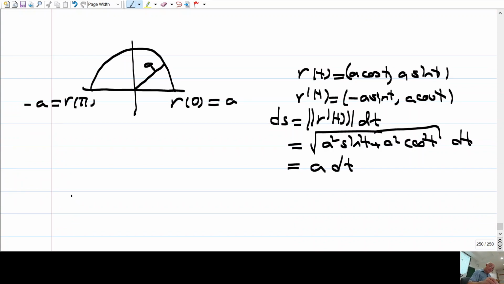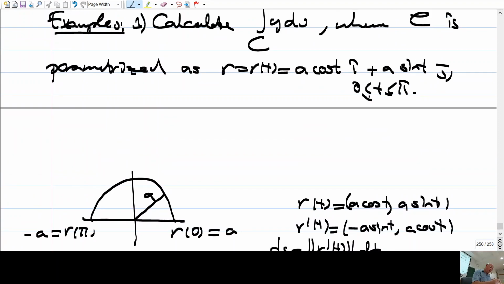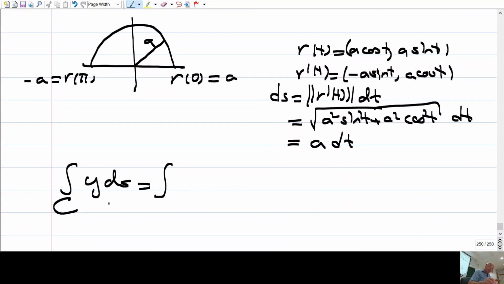Our integral was the integral over C of y ds. Now C is the parameterized curve where t is ranging from 0 to pi. So the meaning of this is the integral from 0 to pi of y. What is y? Y is just a times sine t.